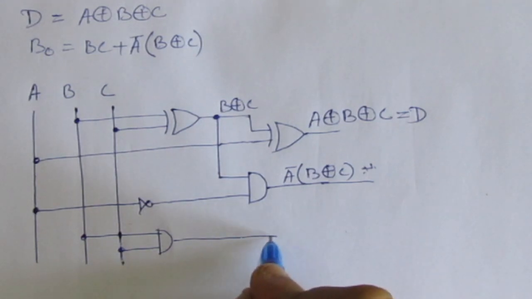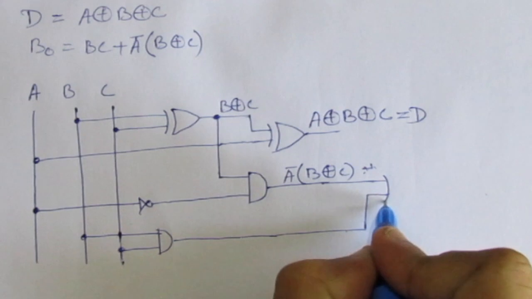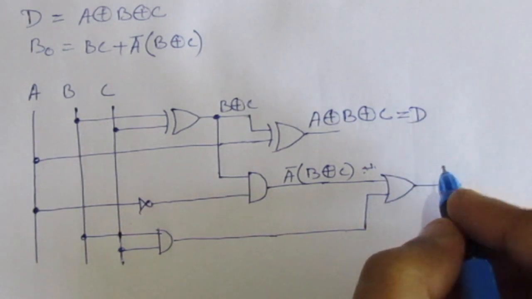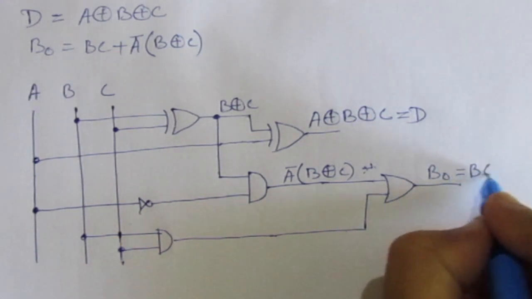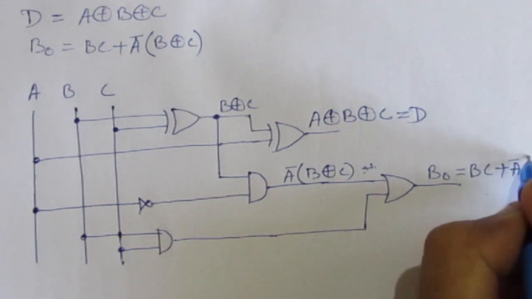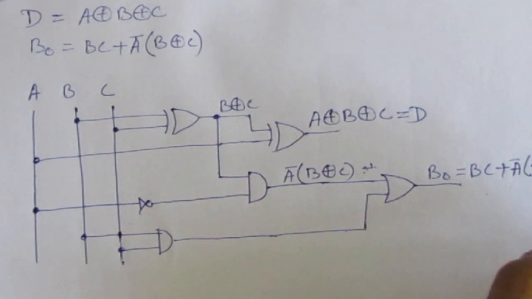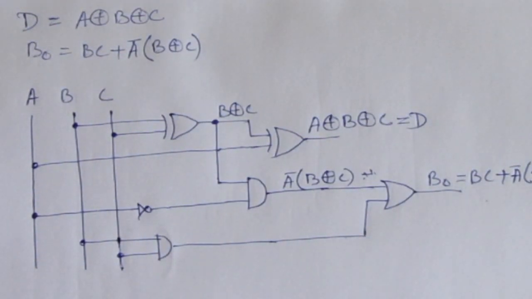Then we do an OR operation here. So we get the final borrow out term equal to BC plus A bar B XOR C. This is the circuit diagram of the full subtractor.